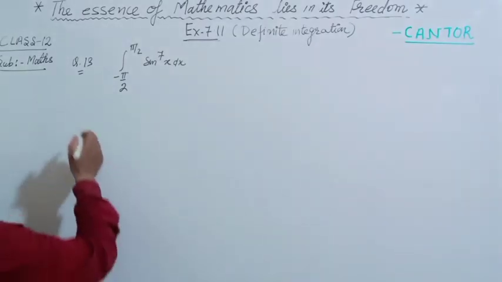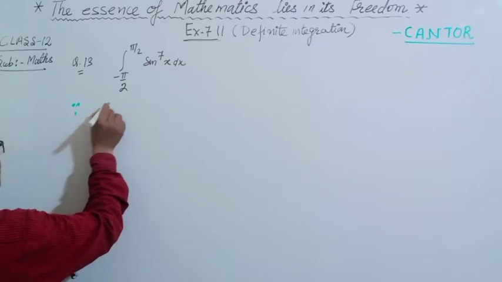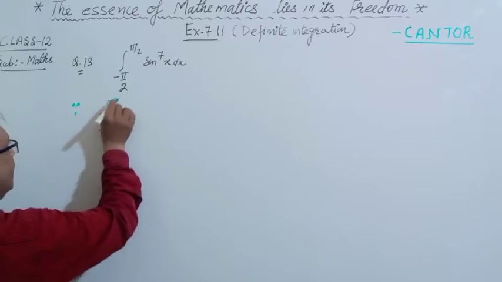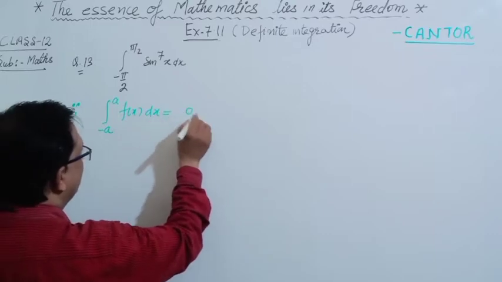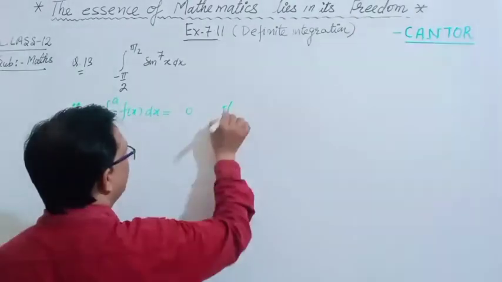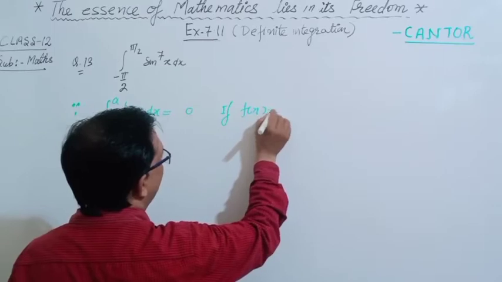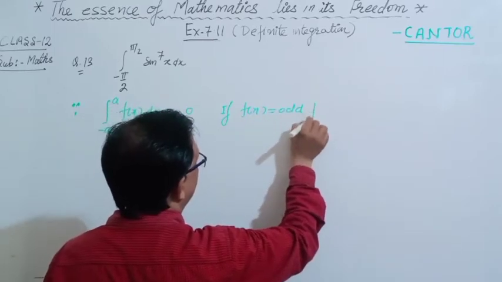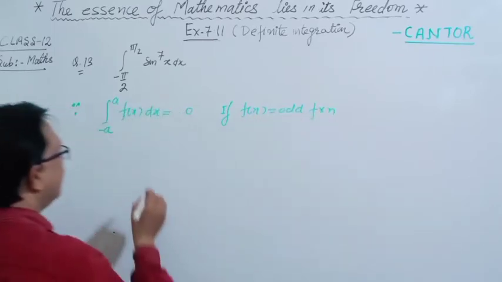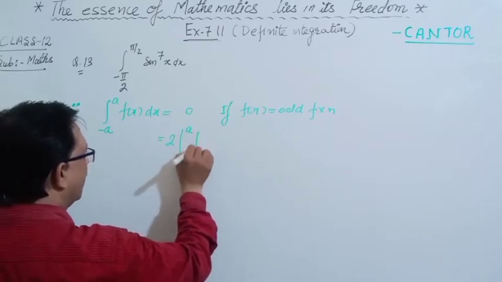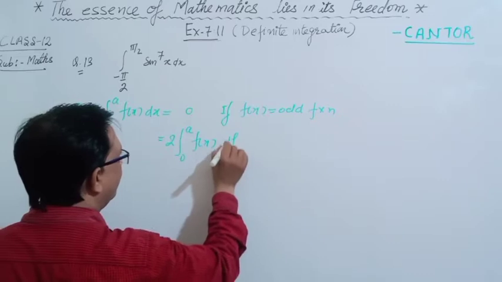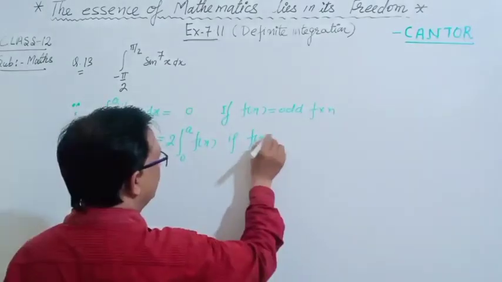Again I will tell you what the property of minus a to a is. The integral from minus a to a of f(x) dx is equal to 0 if f(x) is an odd function, and is equal to 2 times the integral from 0 to a of f(x) dx if f(x) is an even function.